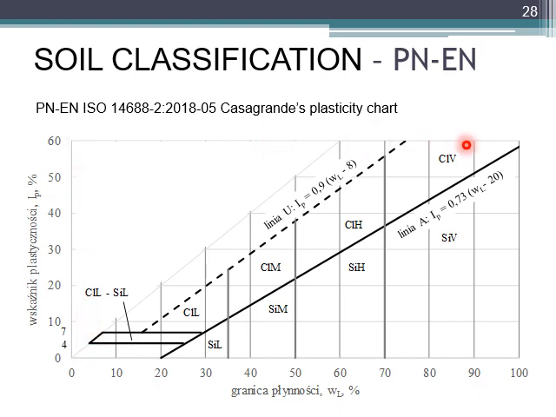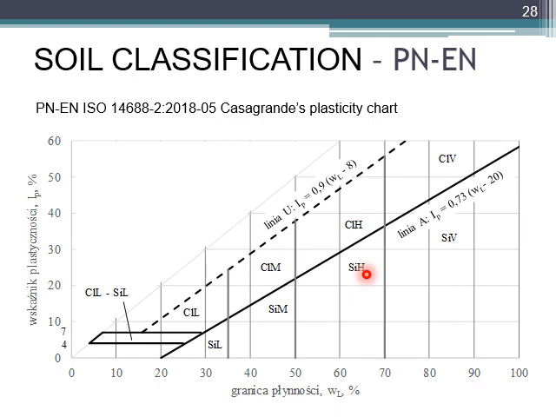All fine soils can be shown on this graph by a point of some specific coordinates of the WL and IP.